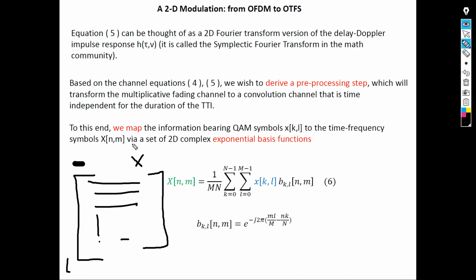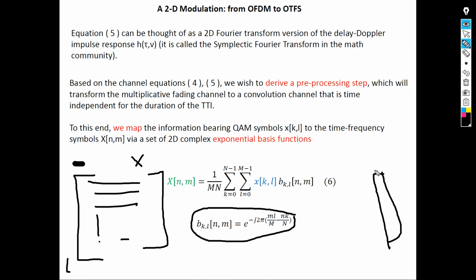You transform it to N, M time-frequency via a 2D complex exponential basis function. What's this exponential basis function? This is not the column of the IFFT only. This is another column in another dimension that takes FFT. FFT with IFFT in 2 dimensions. This is it. E to the minus j2 pi and 2 independent variables, time and frequency, not 1 variable.